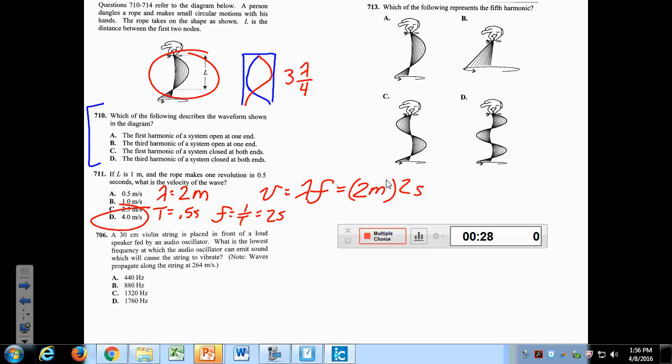We're with a violin string. The lowest frequency that you get on a violin string looks like this. It's like a pipe closed on both ends. The full length of the string will be 1/2 wavelength.